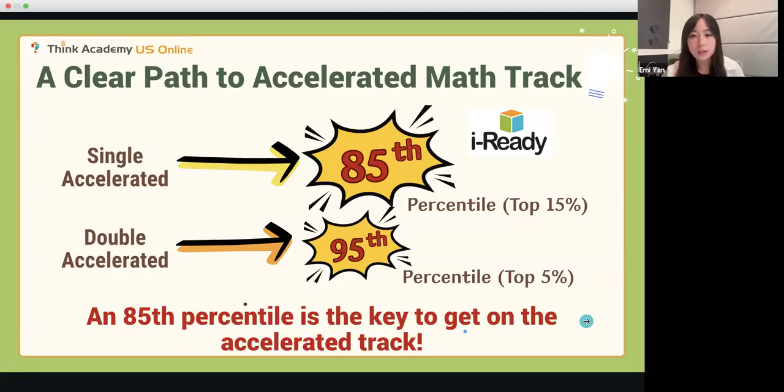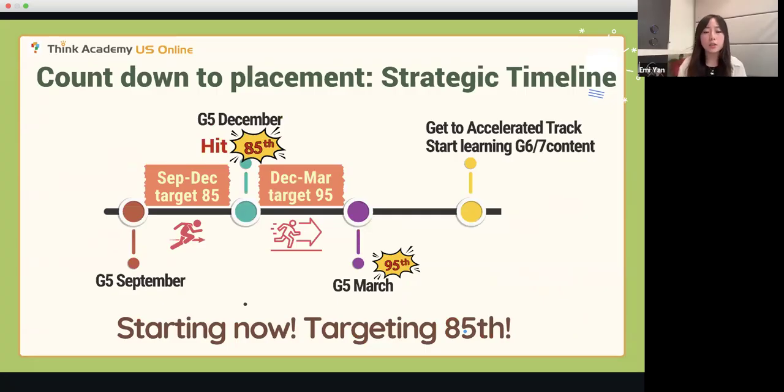Now let's look at the timeline. We're going to do a little countdown to the placement test to talk about our strategic timeline. We're going to start backward. In order to get to the accelerated track and start learning grade 6 and grade 7 content, if I move forward to March, by the end of the school year, I have another test.